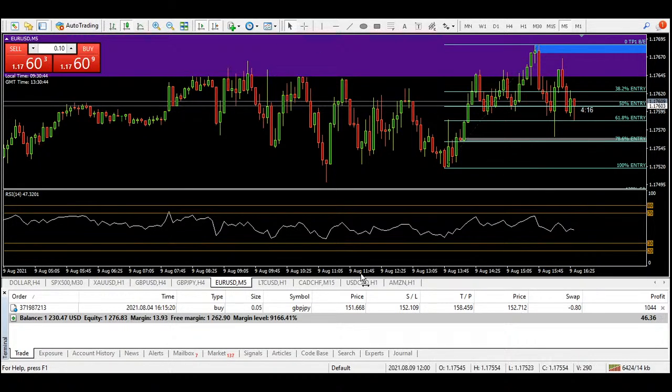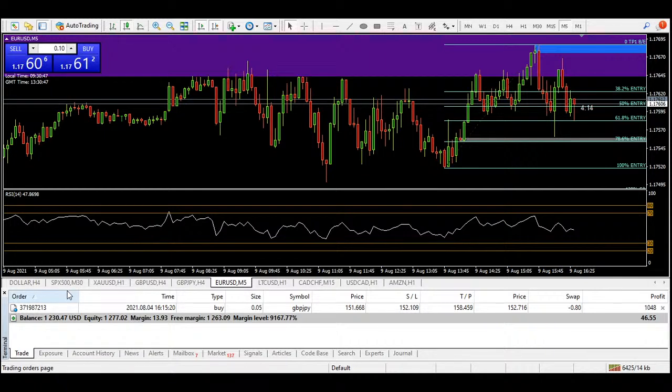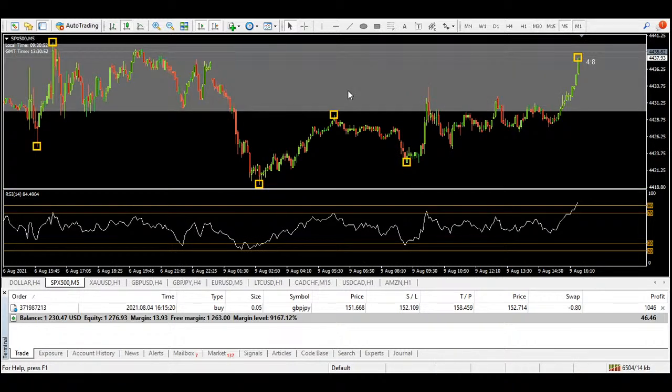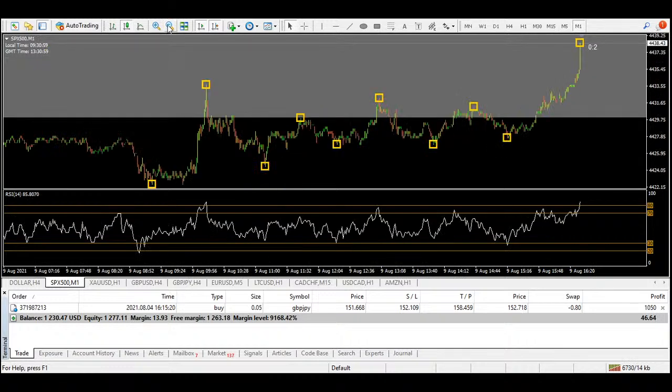You know, guys, we have not looked at gold. 9:30 opening bell. On that opening bell, it's pushing us up. Getting a push up on the opening bell.